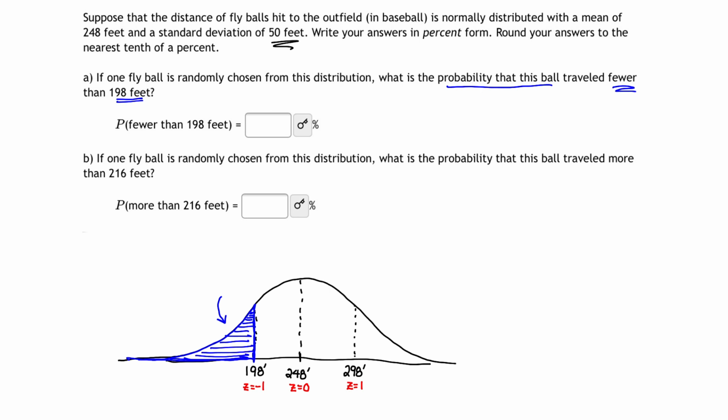And the cool thing is that 198 feet lands directly on one standard deviation away from the mean. And so I can use my empirical rule. My empirical rule tells me, well, first of all, that the band in between 198 feet and 248 feet is 34% of the curve.